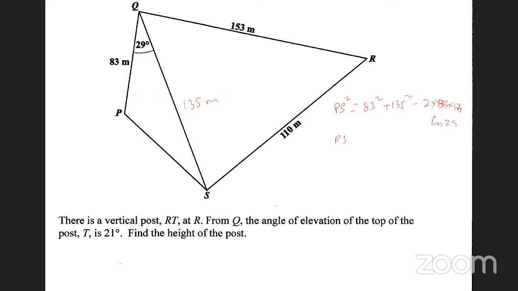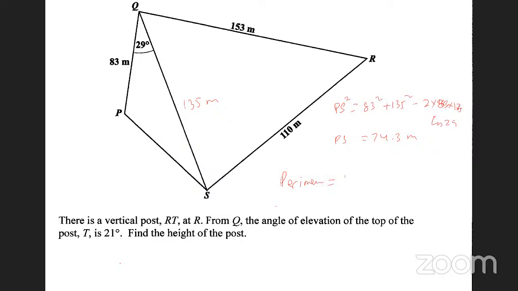Cosine 29. Right, now I think I have it there. I got 74.3 meters. So the perimeter, I'll do it right here.